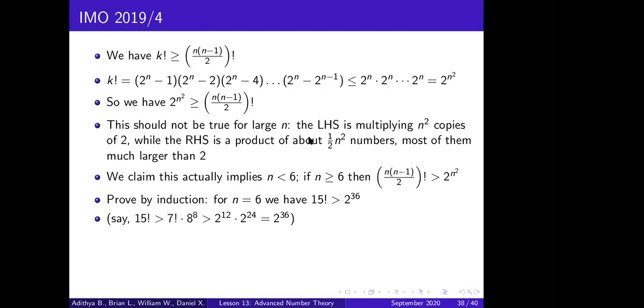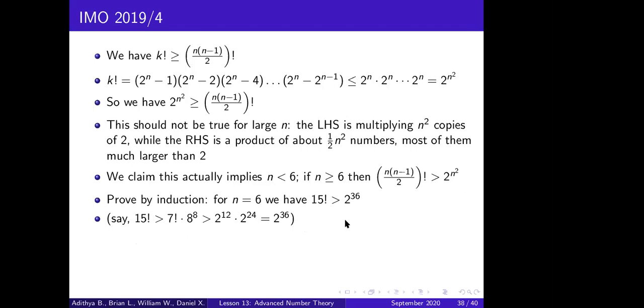The first 7 values make up 7 factorial, and then the next 8 numbers are greater than 8 to the 8. And 8 to the 8 is equal to 2 to the 24, and 7 factorial can be calculated to be greater than 2 to the 12. So that's 2 to the 36, which is what we want, right? So that's enough to prove our base case.